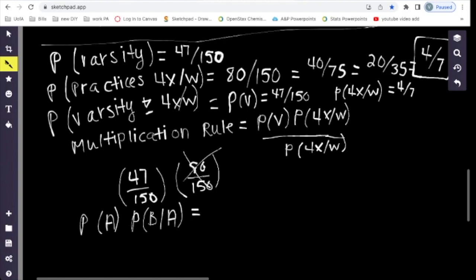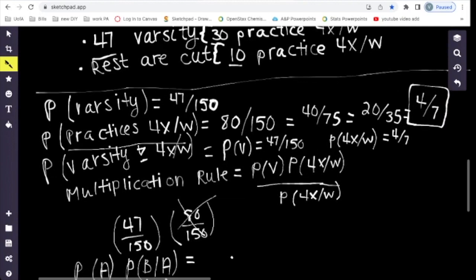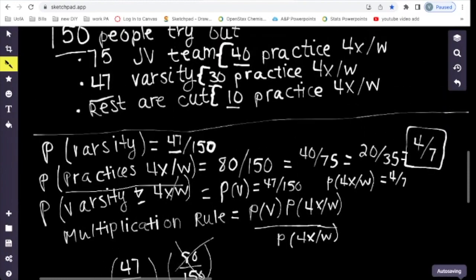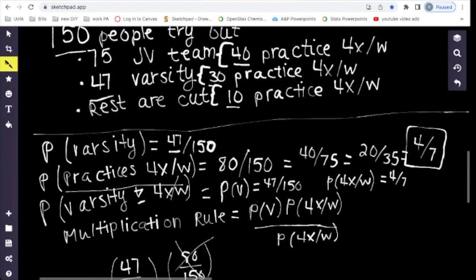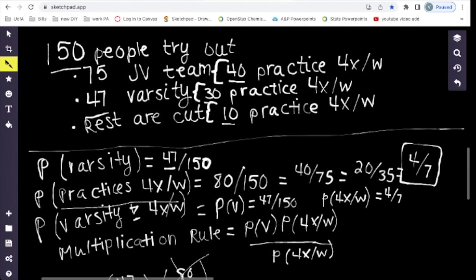So instead of using the entire sample set, which is using this number, we want to use the sample set of B given A is true. So if we know A is true, which is they're on varsity, we have 47 people on varsity, and we know that 30 of them practice 4 times per week. So instead of using our total number of our sample space, we need to use the sub-sample space.